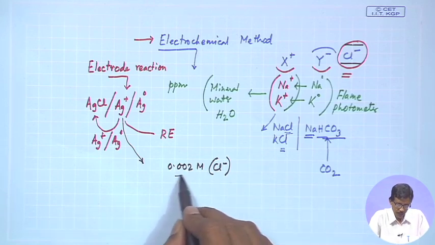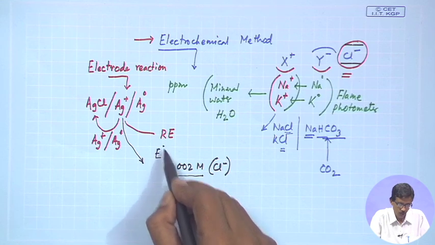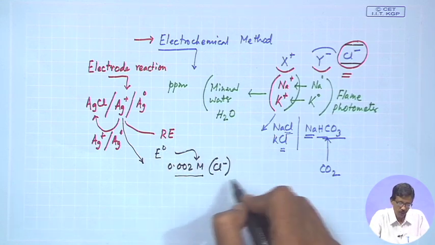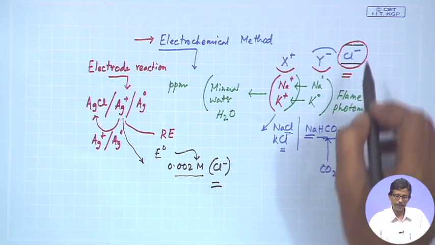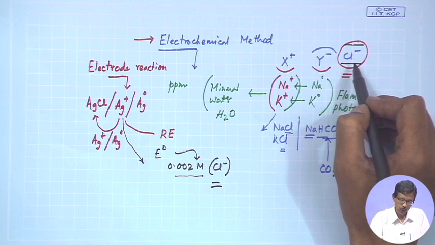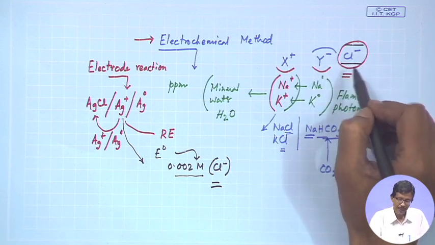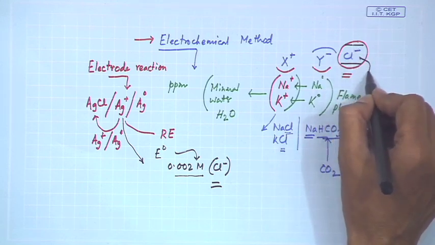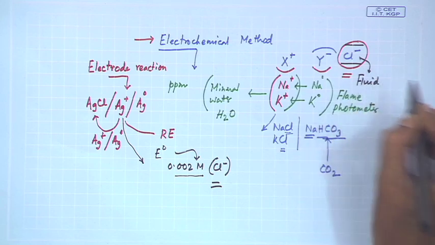So, this particular concentration and the cell potential, the corresponding E0 value for the half cell, are dependent on the concentration of this chloride. In any way, we can have some idea or clue that we can manipulate the process for tracking the presence as well as the concentration of chloride in any fluid. It is possible then.